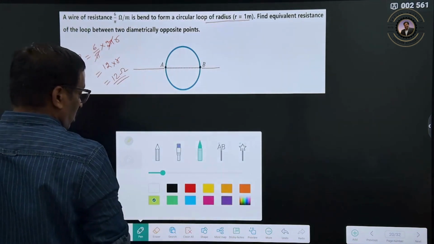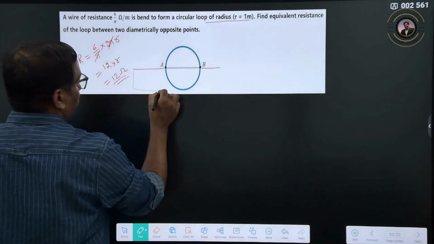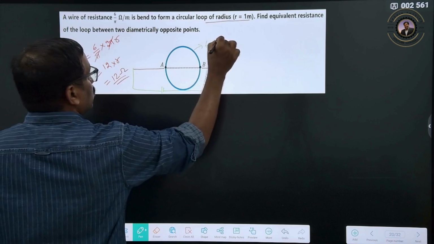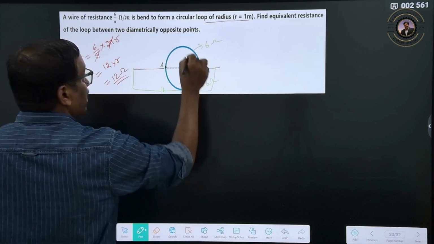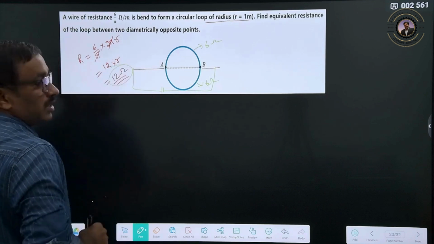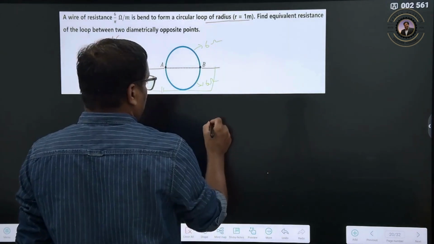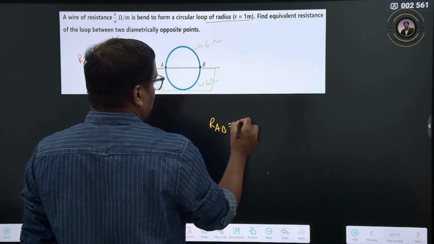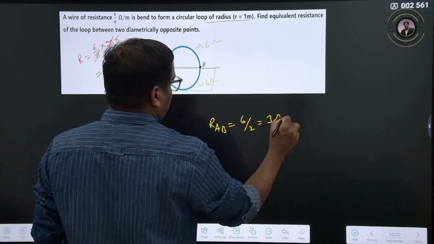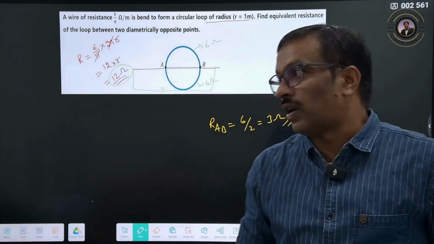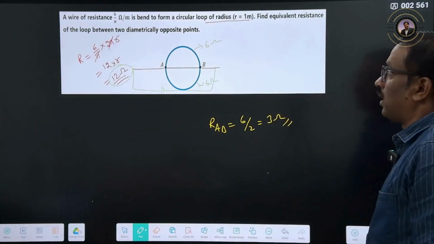Now we are connecting diametrically opposite points. So it becomes 6 ohms and 6 ohms, because it is divided into two equal parts. Now RAB is 6 by 2, therefore 3 ohms will be your answer. So you need to think like this quickly so that you can do the questions very easily.